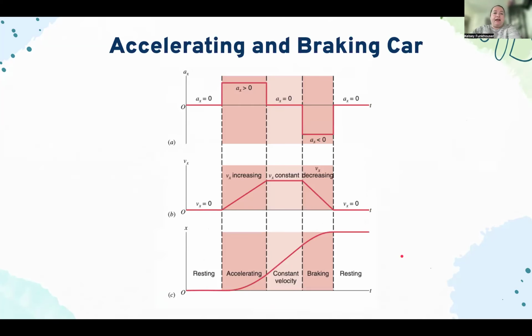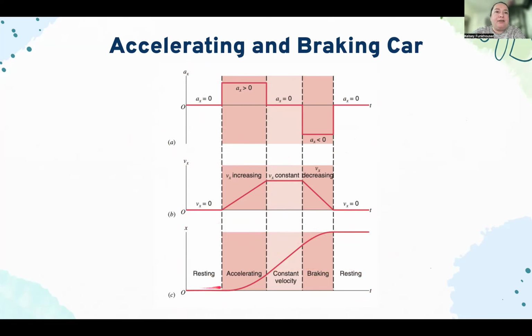Now we can look at an example of changes in motion. Specifically, we have a car accelerating and braking. This time the acceleration graph is at the top, then velocity, and position. Let's start down here with the position graph.